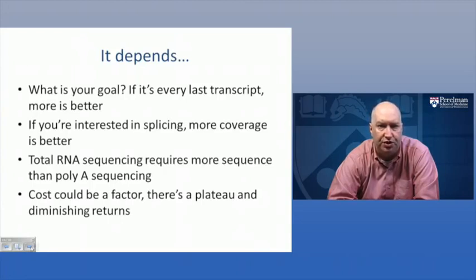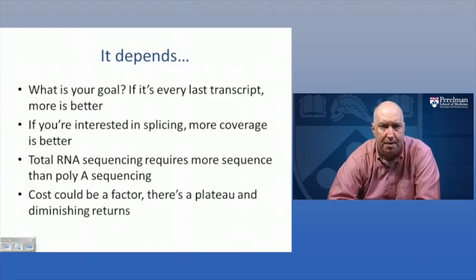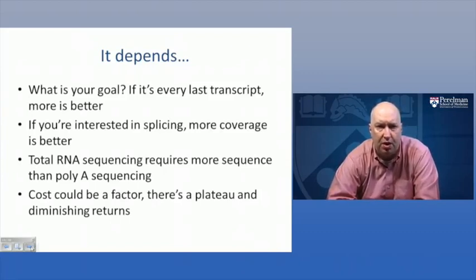However, if you're interested more in splicing, more coverage is better. The more reads you have across a junction, the more confident you can be in determining that event A occurred and B quantifying the event. Also, different types of sequencing require different amounts of coverage. So total RNA sequencing requires more sequence than poly-A sequencing.